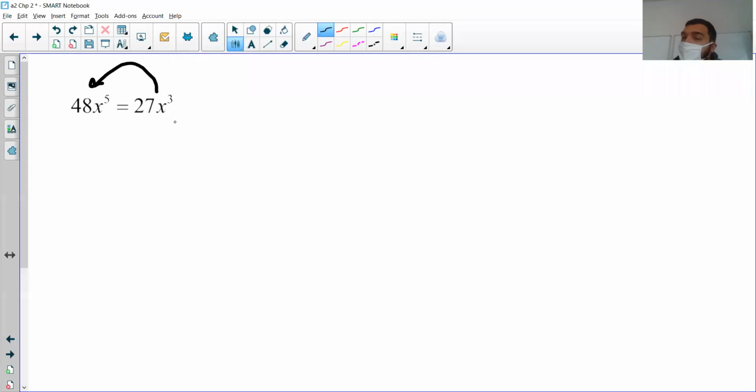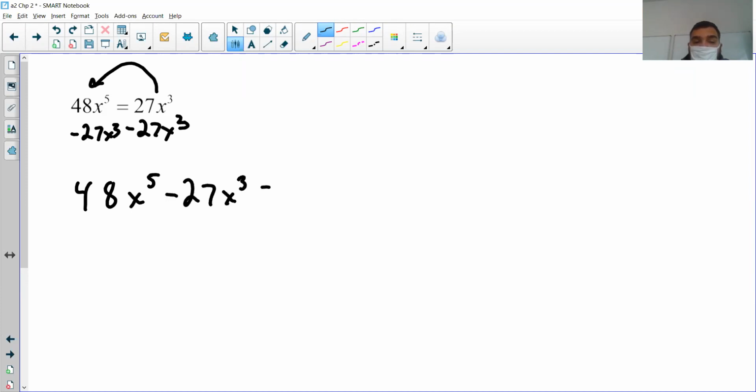Subtract it to the other side, not add, and not division. So I subtract 27x to the third. I'm gonna rewrite it as 48x to the 5th minus 27x to the 3rd equals 0. The reason I'm subtracting is because I want to make it 0. If I divided it, technically that would change it to a 1. That's not my goal. I'm trying to change it to a 0.